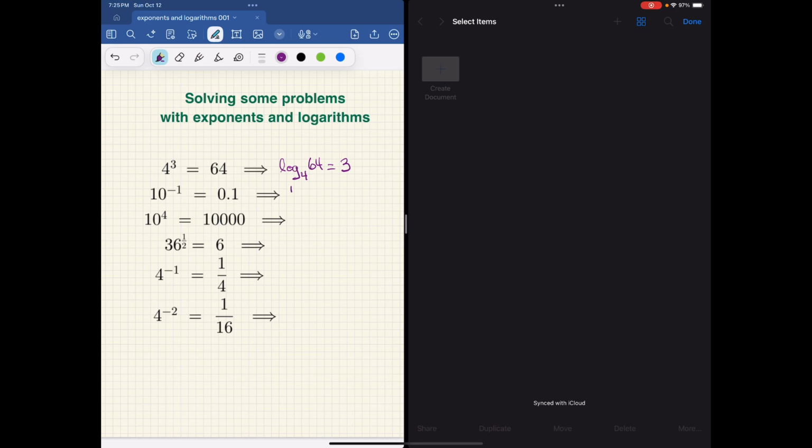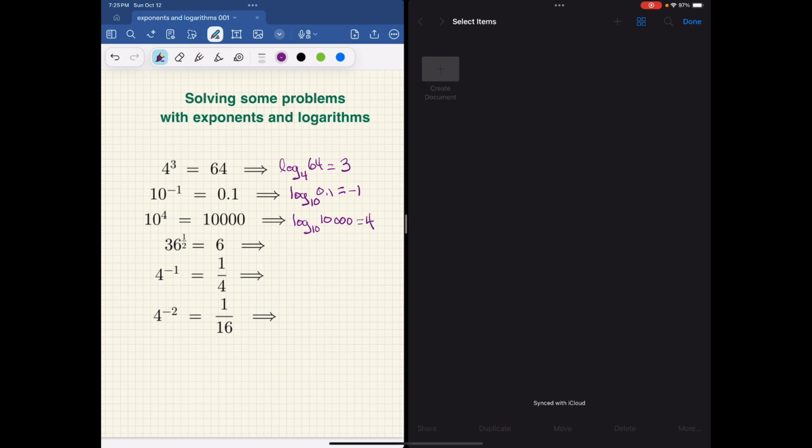Another way of saying that is that log base 10 of 0.1 equals minus 1. 10 to the 4th equals 10,000. It's the same thing as saying that log base 10 of 10,000 equals 4.